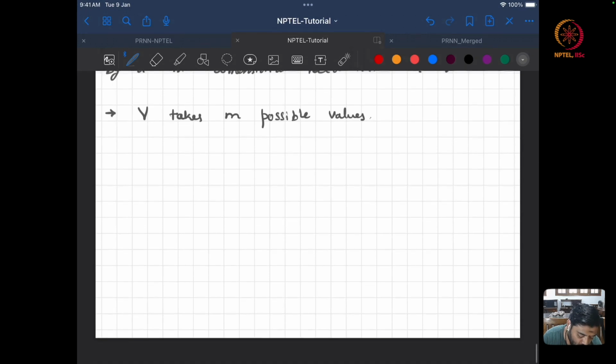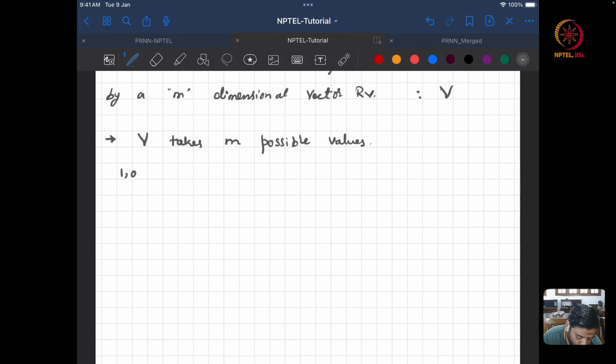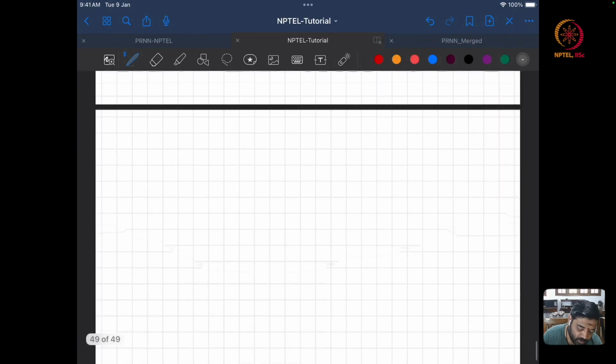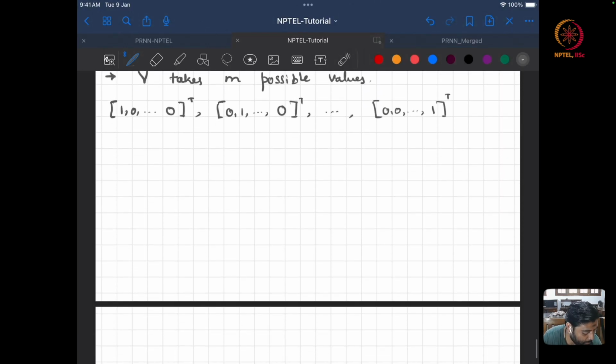Now what are those values? 1, 0, 0, and then 0, 1, and so on till it takes m values, and there is a very interesting condition in this case.